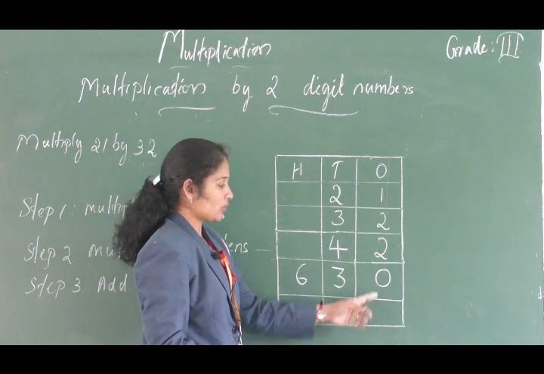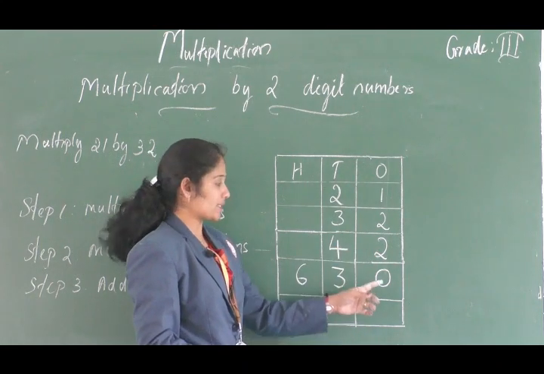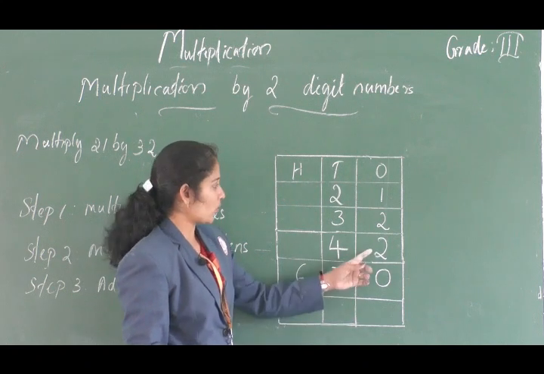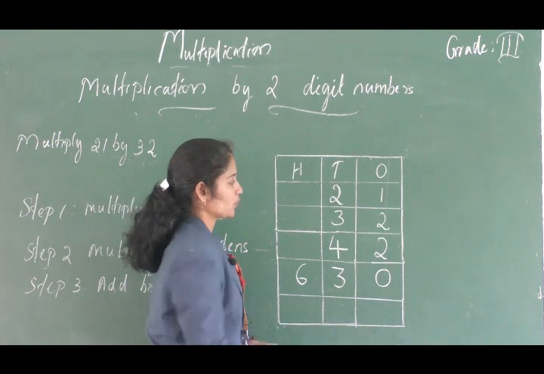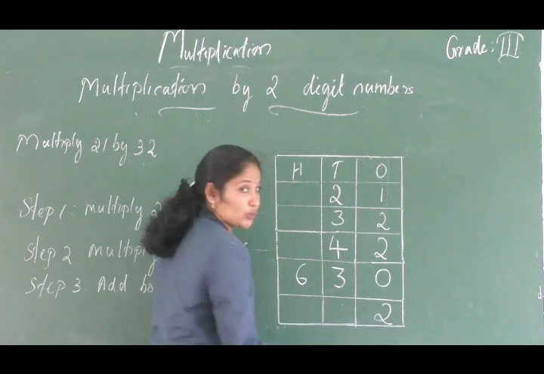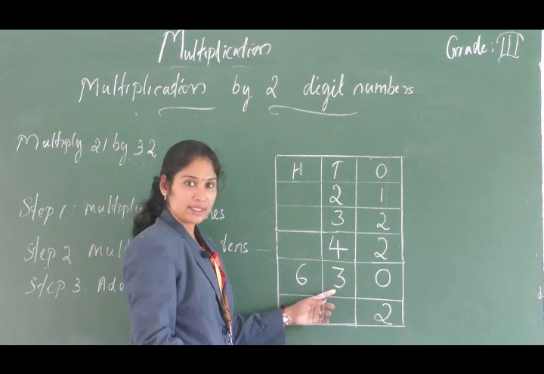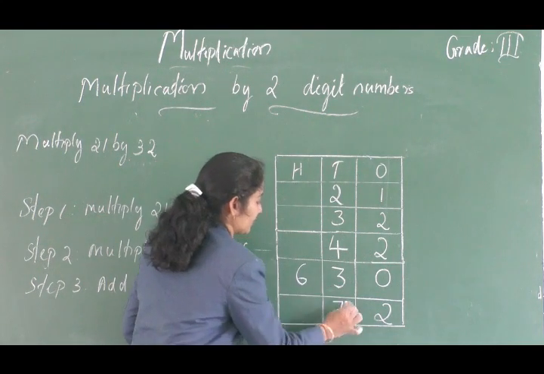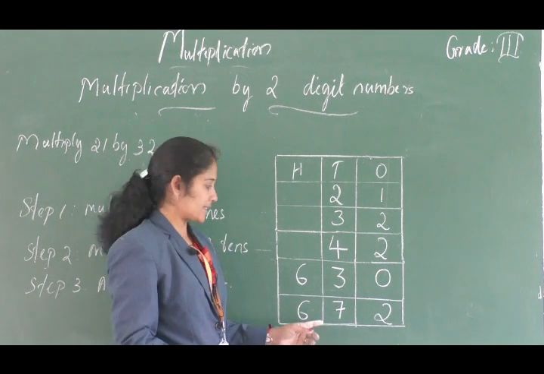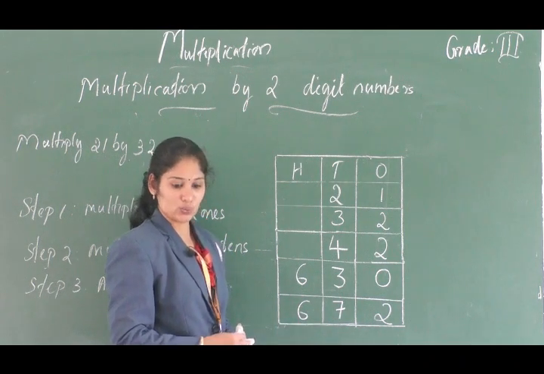What is the last step? Yes. We have to add. 2 plus 0, 2, and 4 plus 3, 7, 6. So the answer is 672.